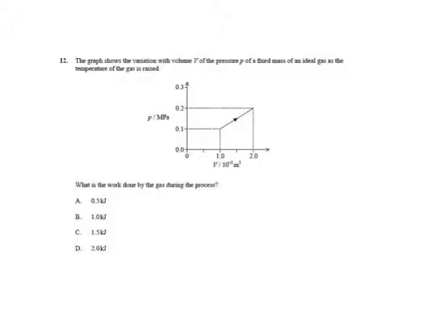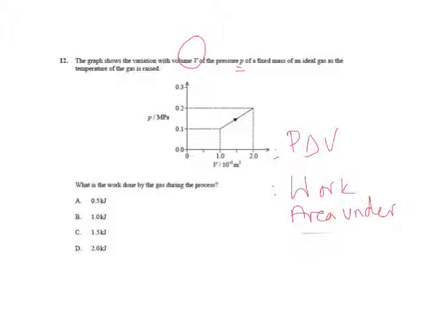The graph shows a variation with volume V of the pressure P of a fixed mass of an ideal gas. The work done is pressure times change in volume, or if there's a graph question, it's the area under the graph. What we have here are two basic shapes.